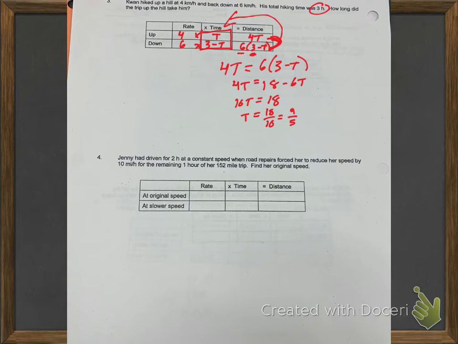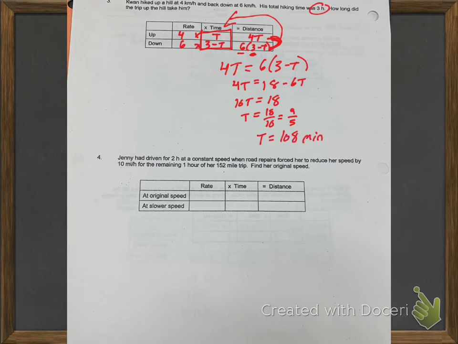So then from there, I do 9 divided by 5, and then times 60. So 9 divided by 5 is 1.8, and then times 60, that's going to be 108. So our T is equal to 108 minutes.